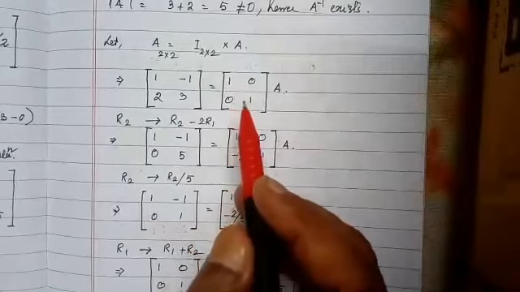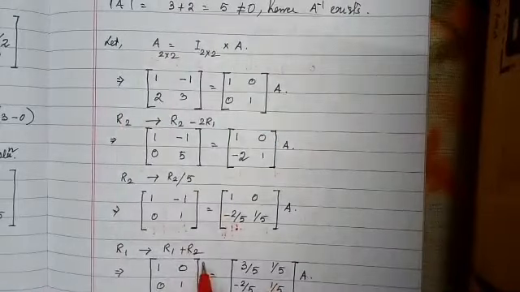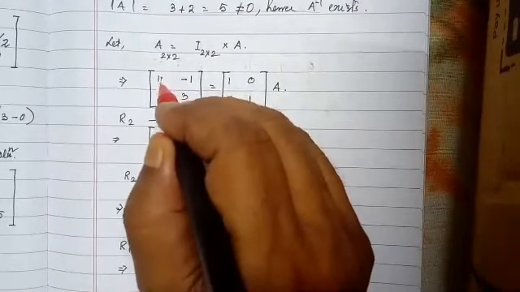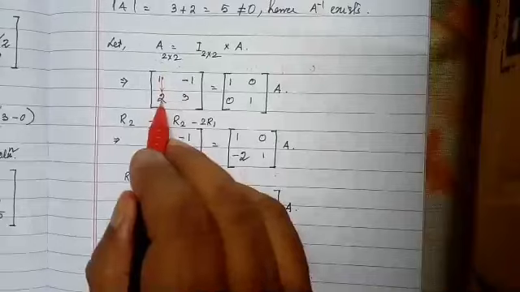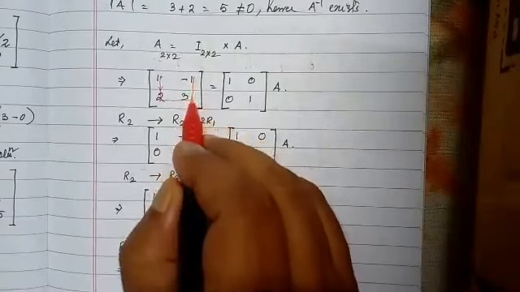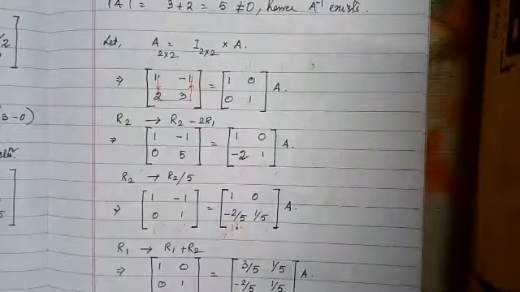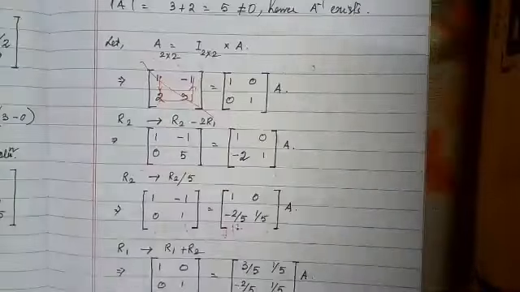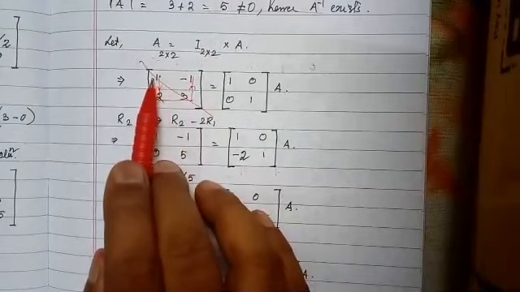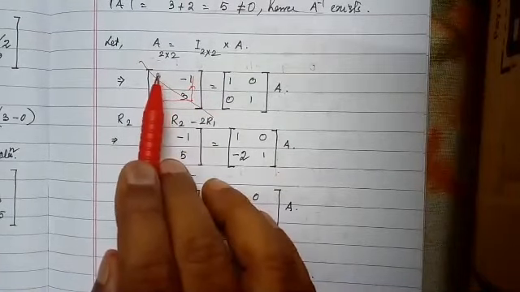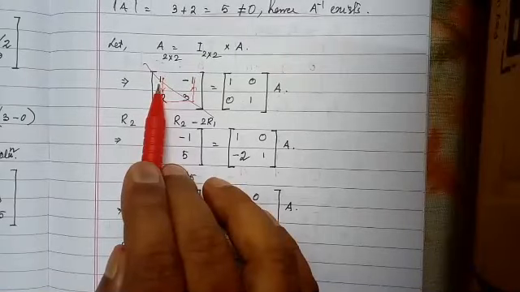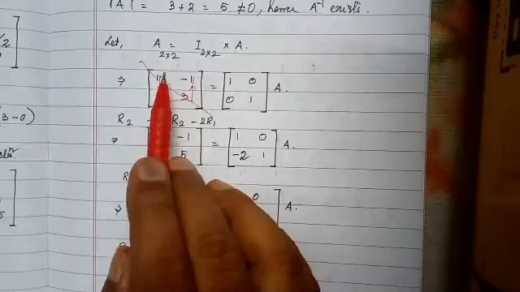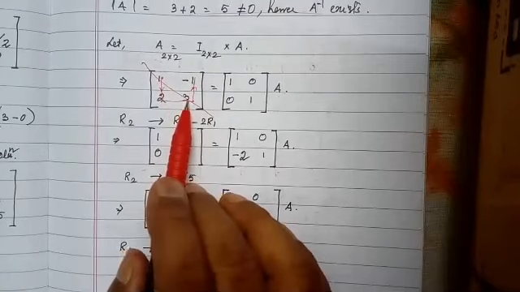Now for the elementary operations, the technique which I am following is the U pattern. First this element, then this element, then this element, then this element. So it is the U pattern. And for the diagonal elements, if they are not 1, suppose this is 5, to make it 1 we have to divide the diagonal element by the same element.